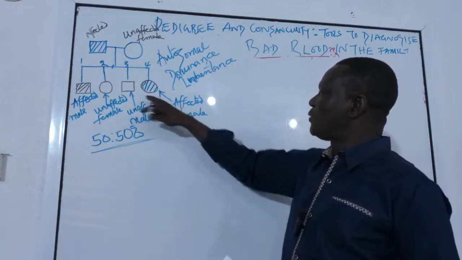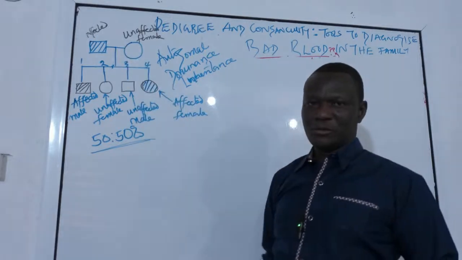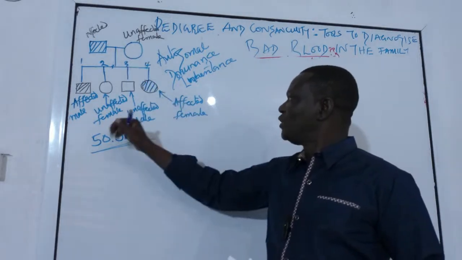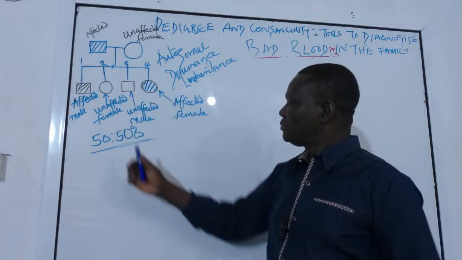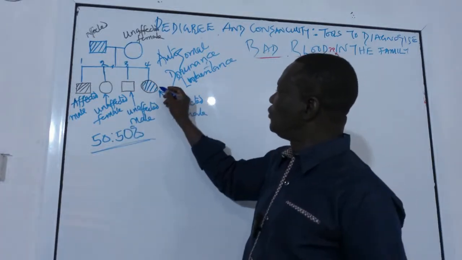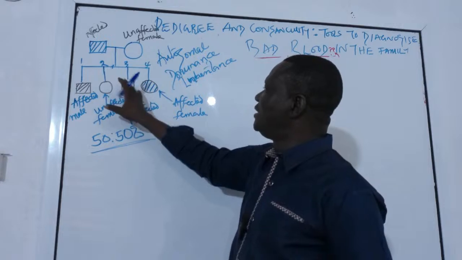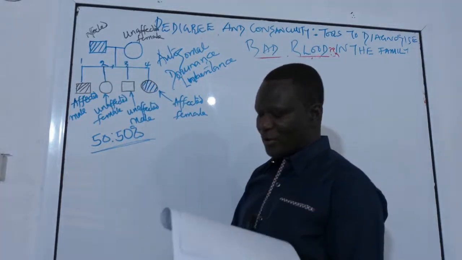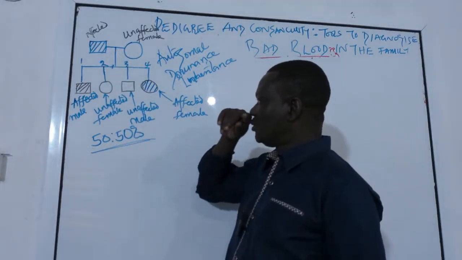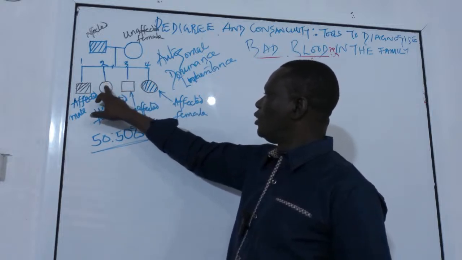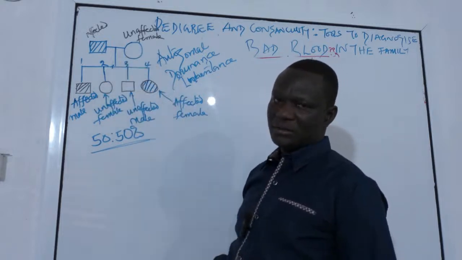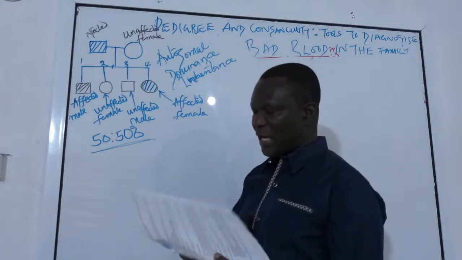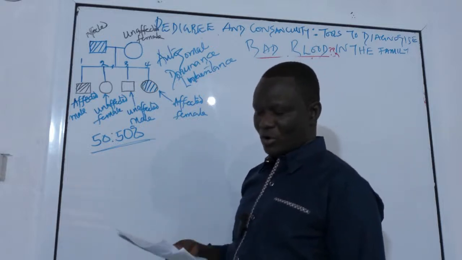So if you want to diagnose, that is, you want to trace it back, from this generation you will be able to guess what might be the genotype of the parent, because you discover that one of them will look like their mother, since the mother is unaffected.